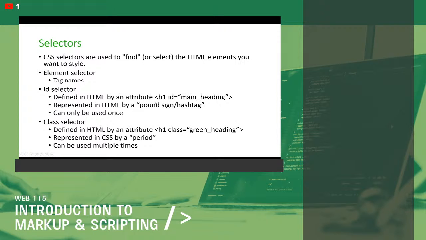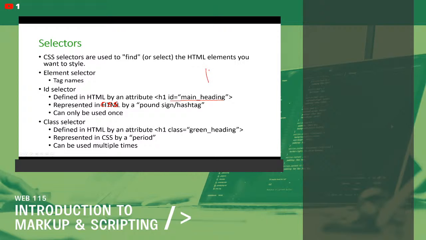So when we're writing for an ID selector in HTML, it's going to look like this. We're going to have our ID equals whatever inside of our opening tag. Now we have a little typo here. This should be CSS. It's represented in CSS by a pound sign, or what they call a hashtag.